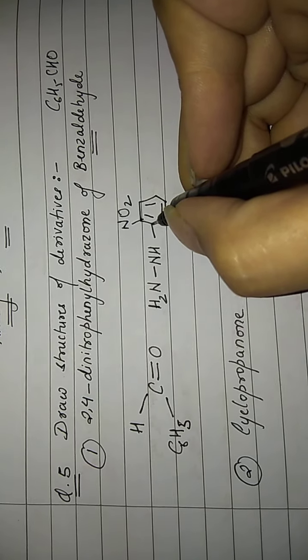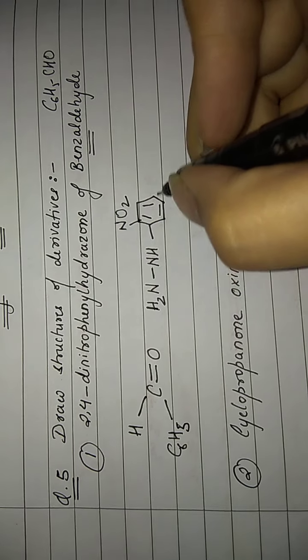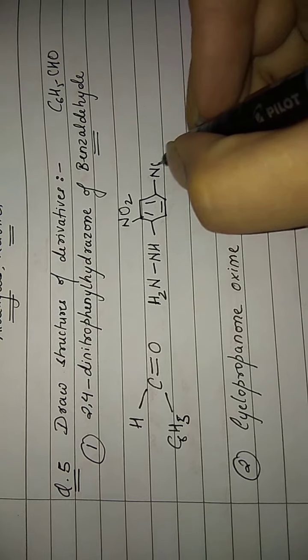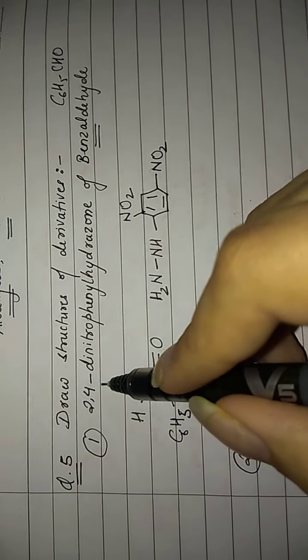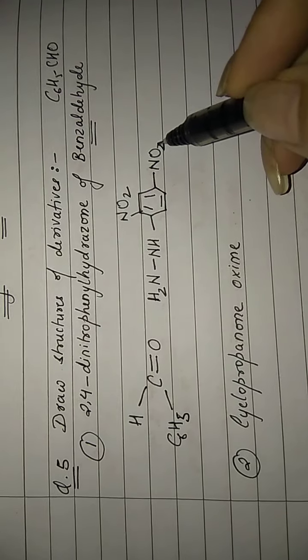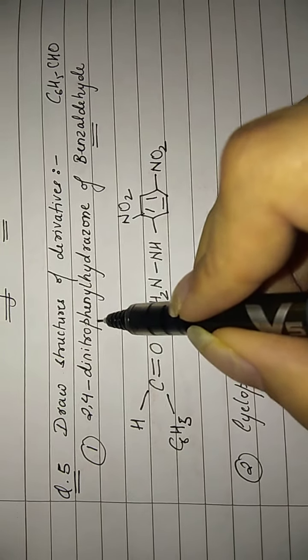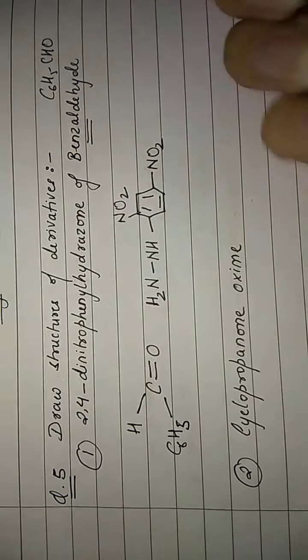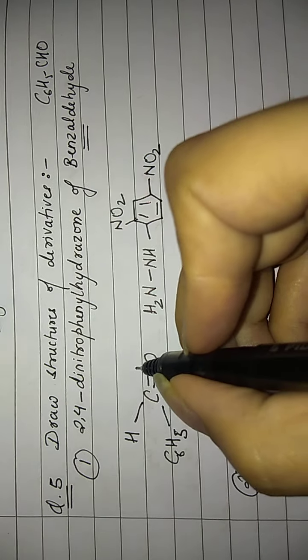From here if I start, I have this as the second position and this as the fourth position. So on the second and the fourth position you have two nitro groups, which says 2,4-dinitrophenyl hydrazone.